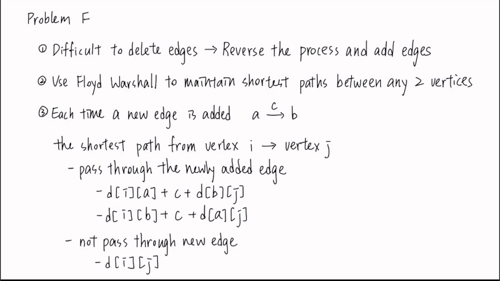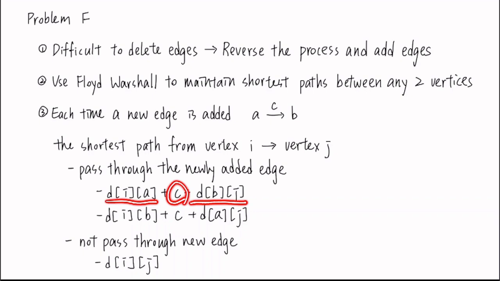If it passes through the new edge, then it can go from vertex A to B. So this part is the distance from vertex i to A plus the length of this edge, and afterwards the distance from B to j.